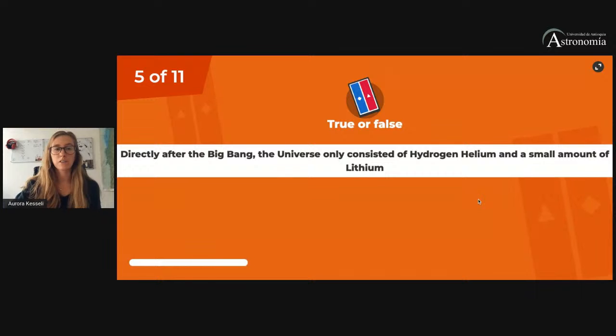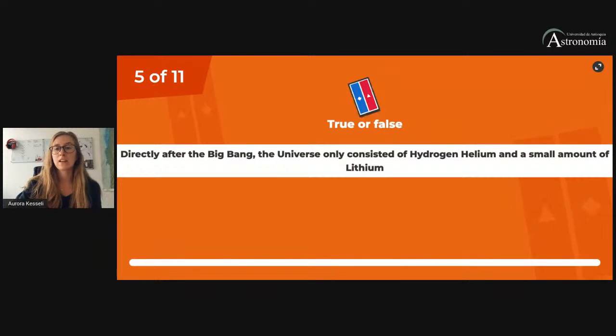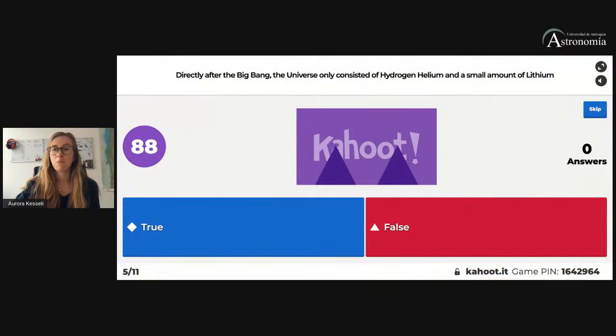Okay, true or false? Directly after the Big Bang, the universe only consisted of hydrogen, helium, and a small amount of lithium.